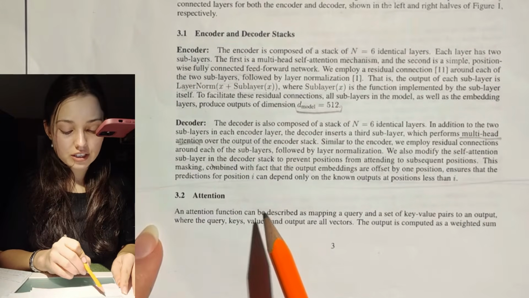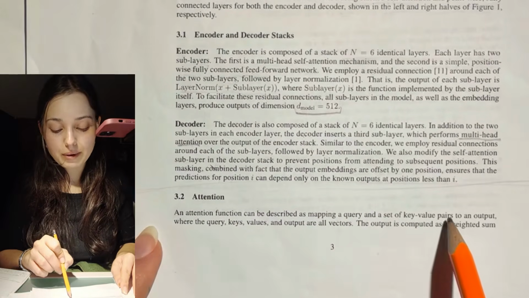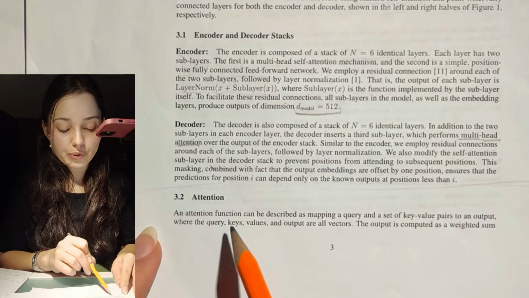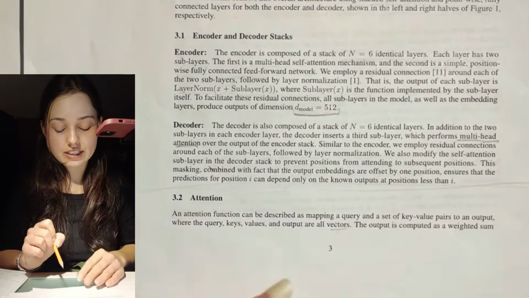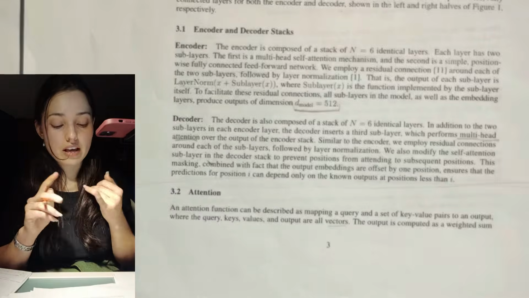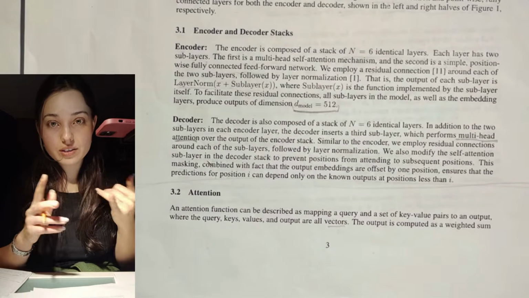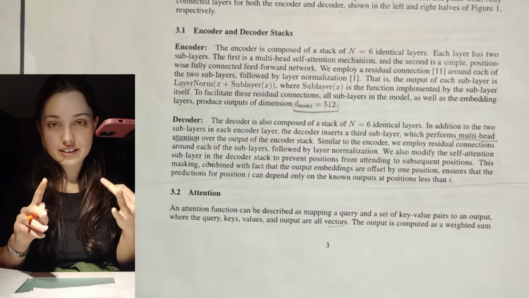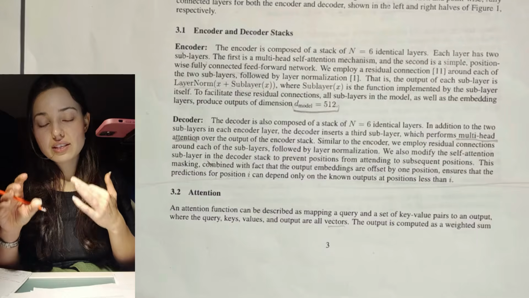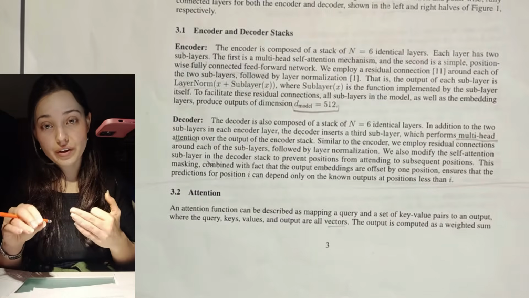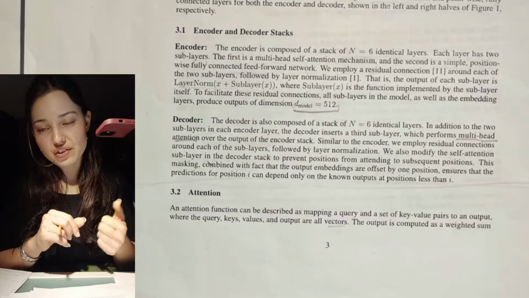An attention function can be described as mapping a query and a set of key value pairs to an output, where the query, keys, values, and outputs are all vectors. So basically we have query, key, and values. The query is a question. The key is an answer, and the value is: if this question was answered yes by this key, then how would the word change?